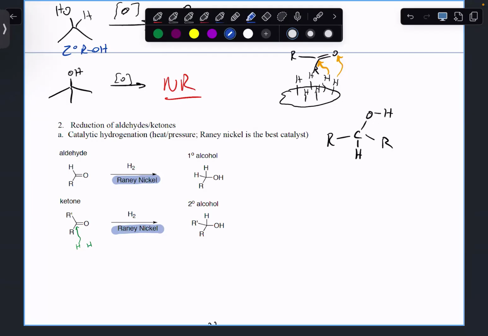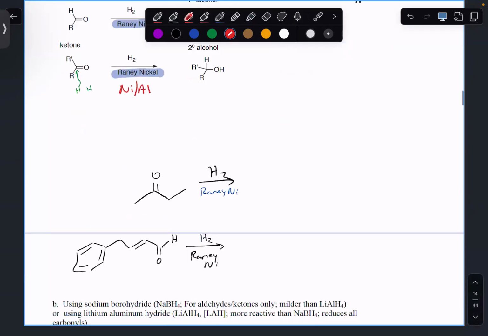And so what you typically see if you're trying to reduce a carbonyl with catalytic hydrogenation is something that's called Raney nickel. And Raney nickel is actually just a nickel aluminum alloy. This is a more active catalyst. All right.